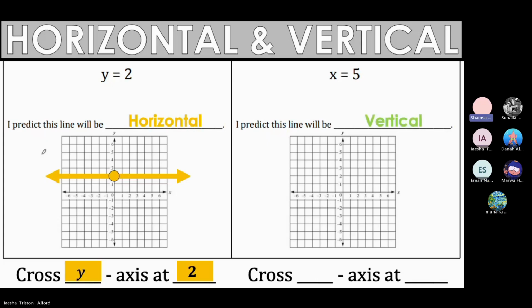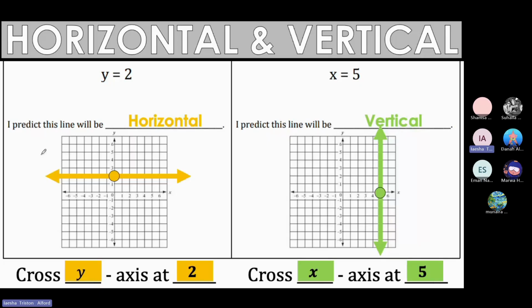Vertical, cross what? X-axis. At what? +5. So go to the x-axis, put a point at +5, draw a vertical line. Okay? You have a few questions, I believe, about horizontal and vertical.